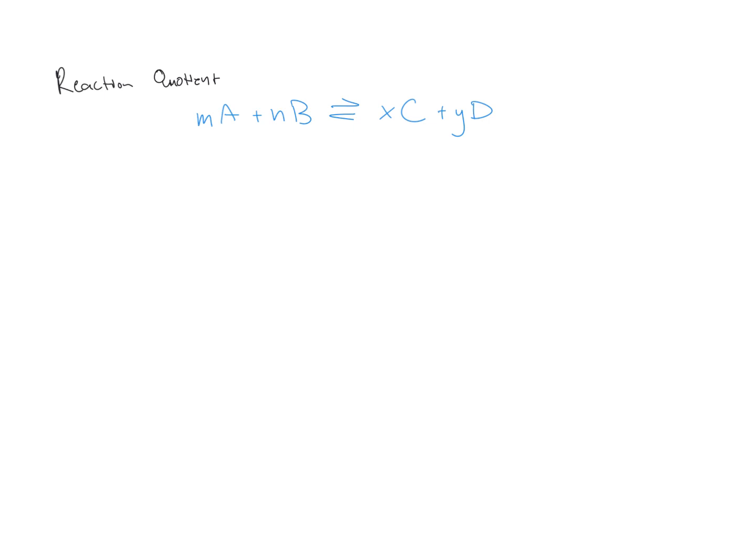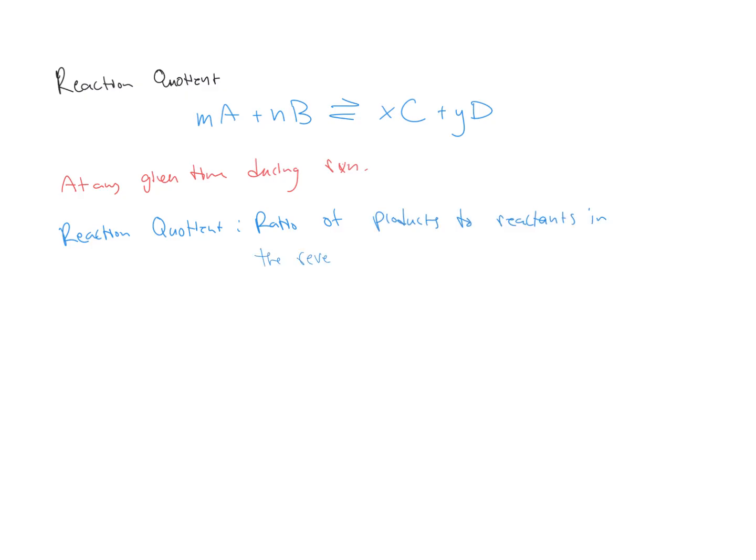At any given time during the reaction, the reaction quotient is defined as the ratio of products to reactants in the reversible reaction.